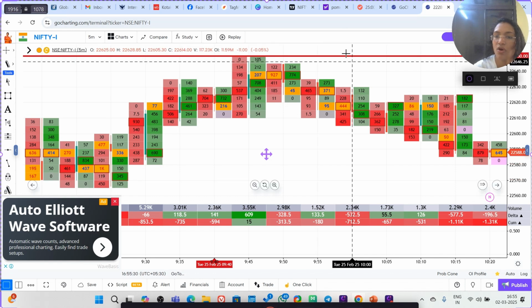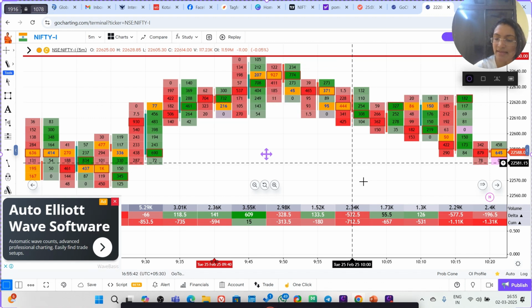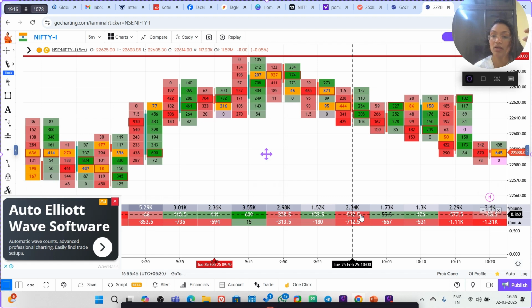I am short in this, I have sold this. I am bearish at this area. So whenever you are bearish, you have a red candle along with the selling imbalance, along with the delta. This is a good thing for me.